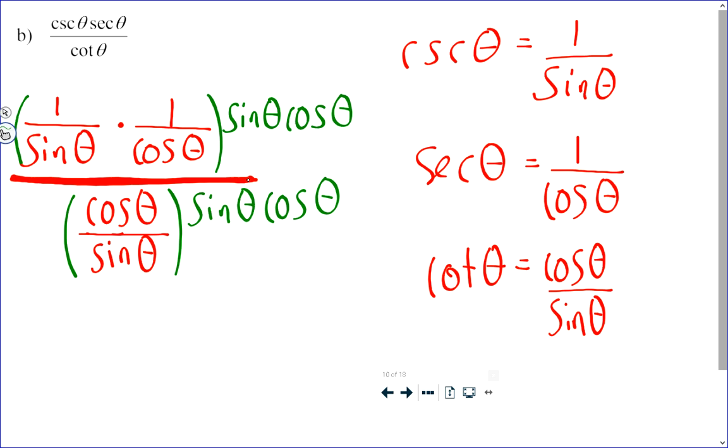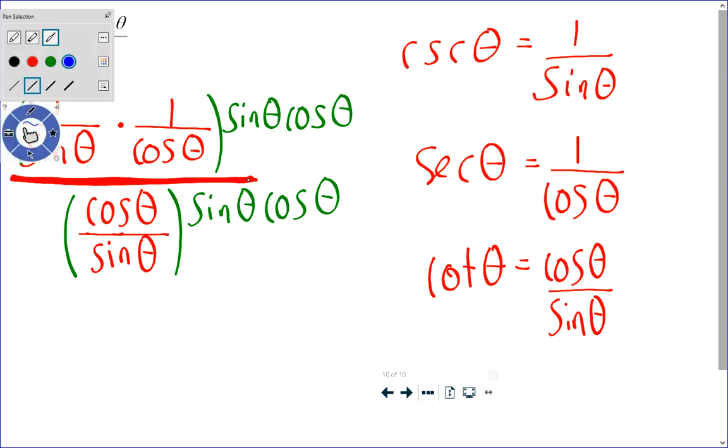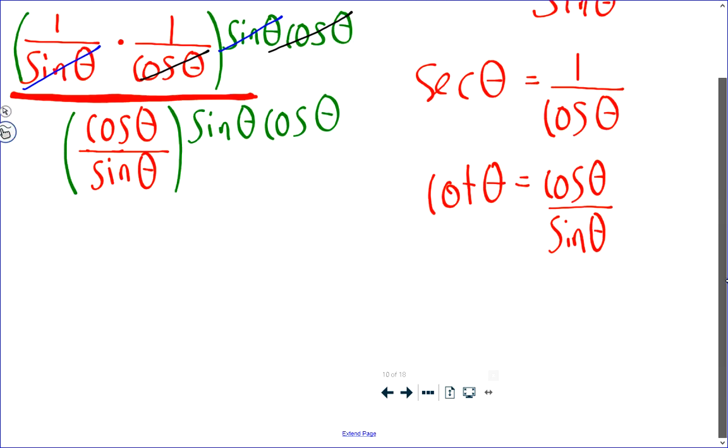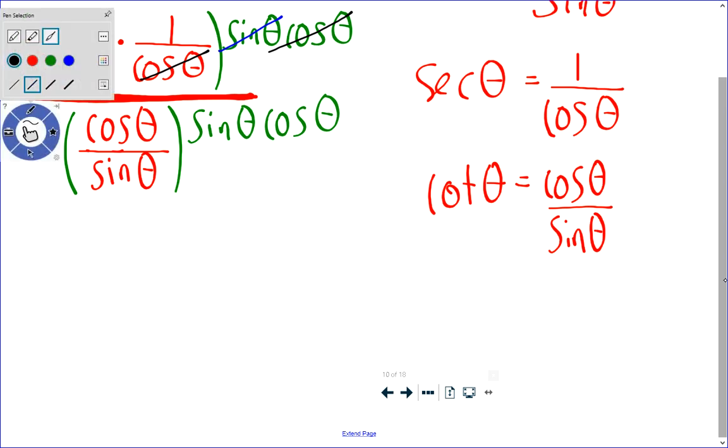So when I multiply sine of theta, cos of theta by 1 over sine and 1 over cos, a number of things happen. The sine of theta cancels with the sine of theta. The cos of theta cancels with the cos of theta, and I end up with 1 on the top. Everything cancels. I'm not left with nothing. I'm left with the number 1.